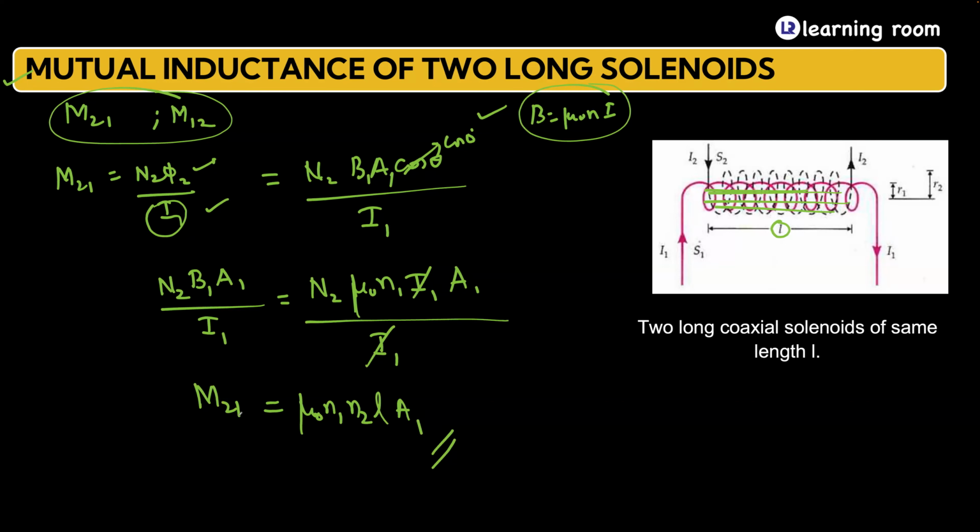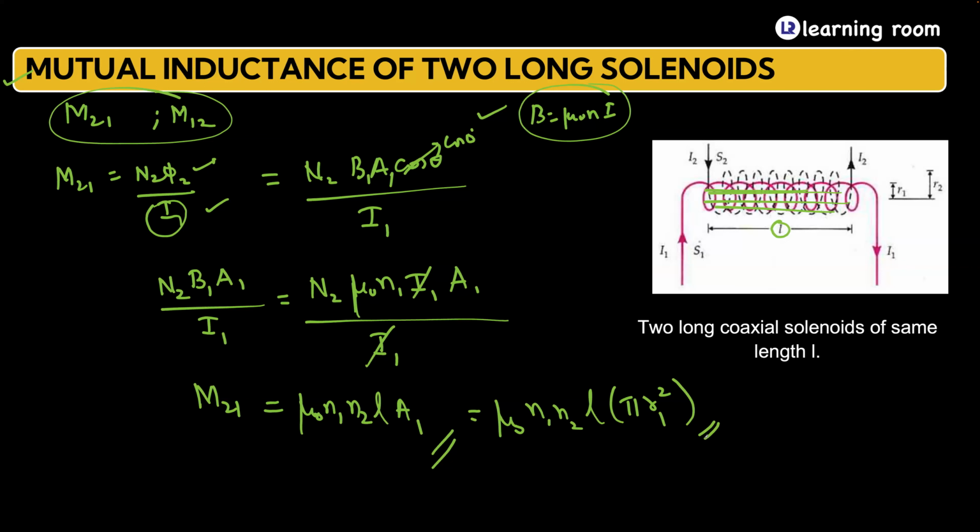There is a mutual inductance of 2 with respect to 1. Those who are online, could you understand? Yes, sir. So here it is mu naught into n1 into N2 into L into A1. Or this can also be written as mu naught into n1 into N2 into L into pi R1 square.